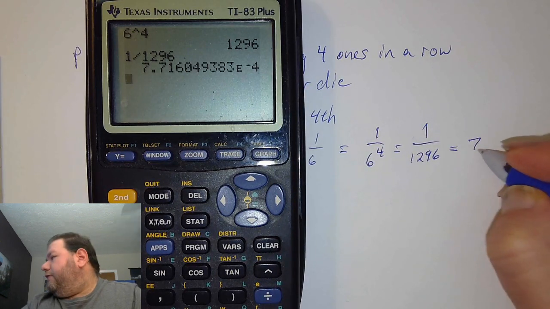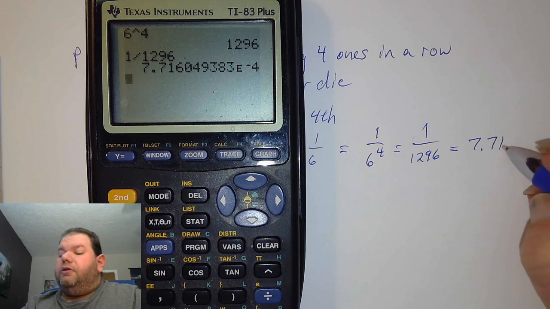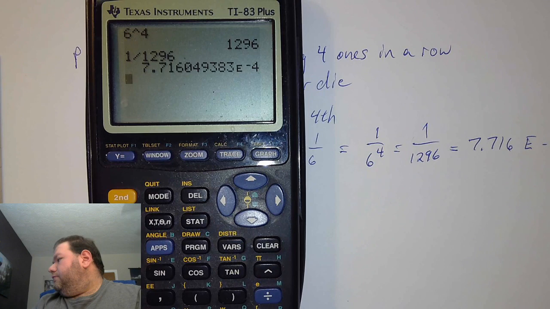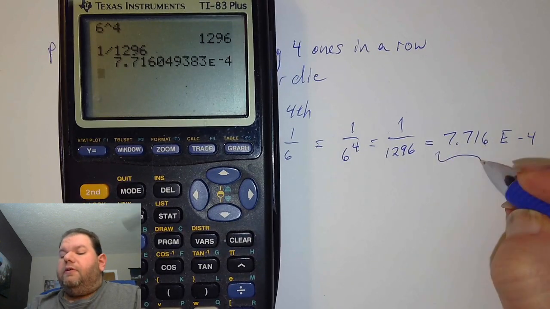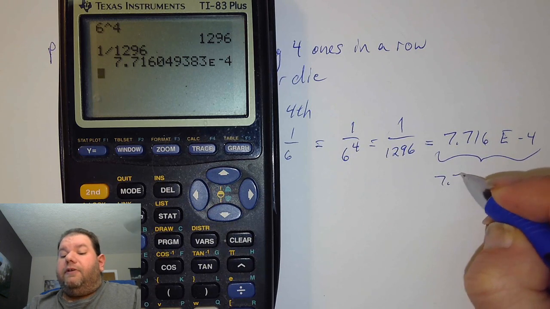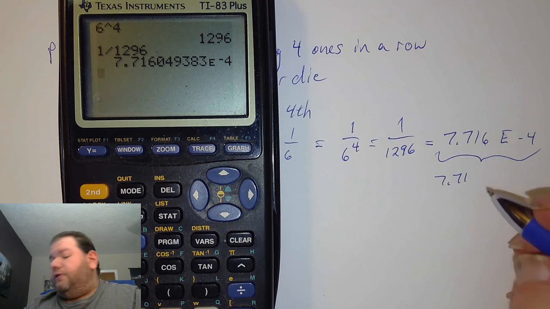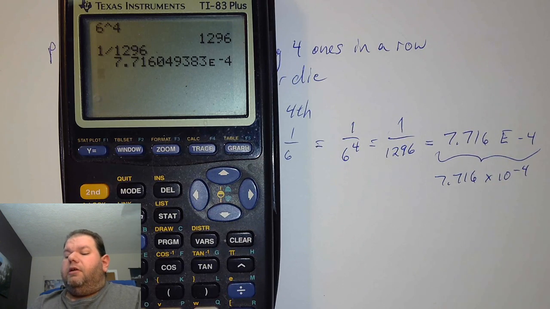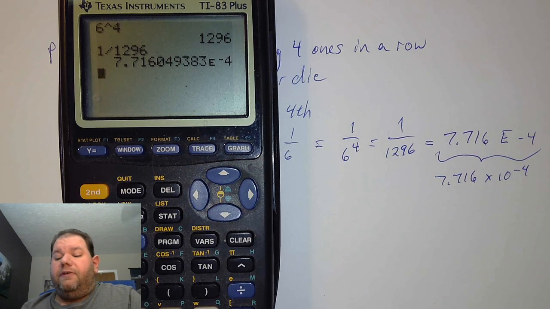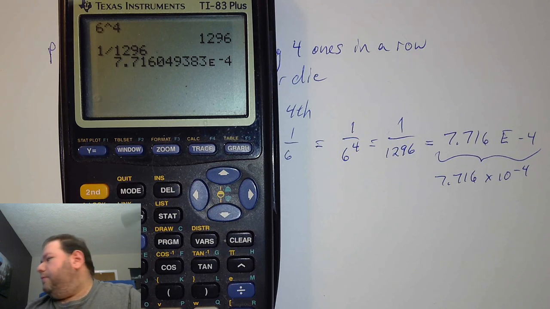I'm just going to write down 7.716 e minus 4. What this means is basically scientific notation is what is being used here. So when it says e minus 4, it means times 10 to the negative 4.